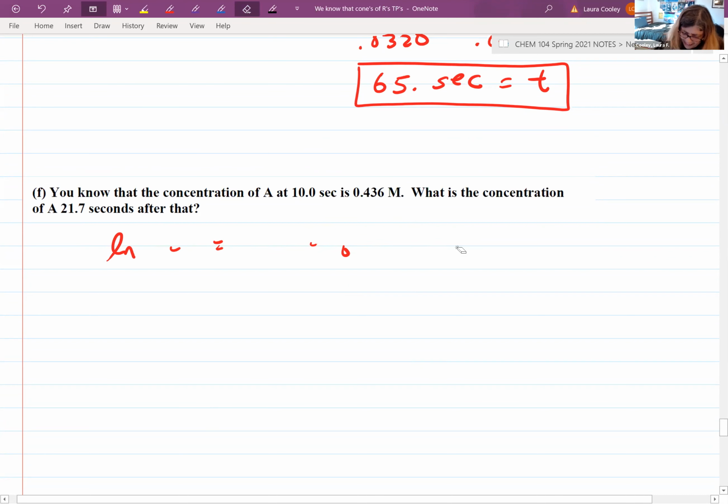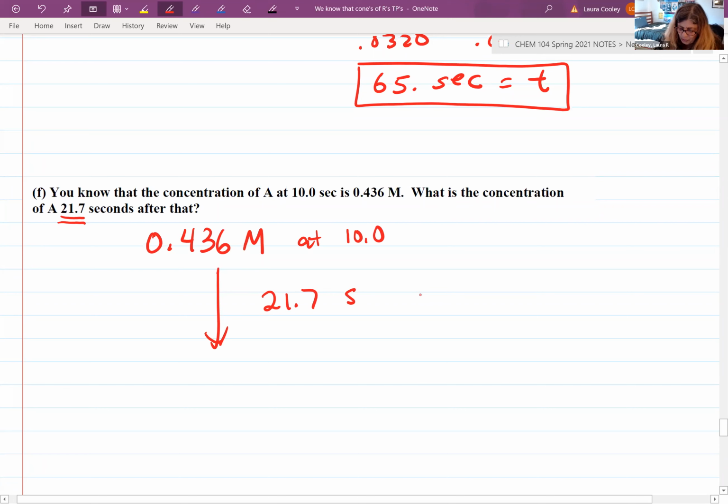Oh, no, sorry. So we know that the concentration is 0.436 molar at 10 seconds. What is the concentration 21.7 seconds after that? Well, remember 21.7 seconds is the half-life. So to figure out what the concentration is, you just have to divide this number by 2.